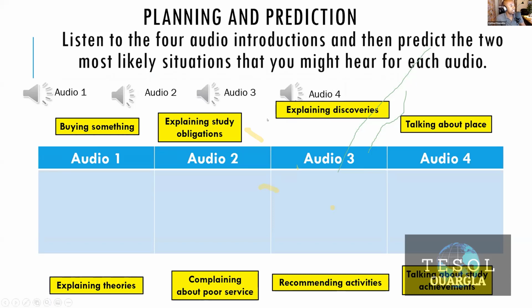You have buying something, explaining study obligations, explaining discoveries, talking about place, explaining theories, complaining about poor service, recommending activities, and talking about study achievements. Let's go. Let's listen to audio number 1.